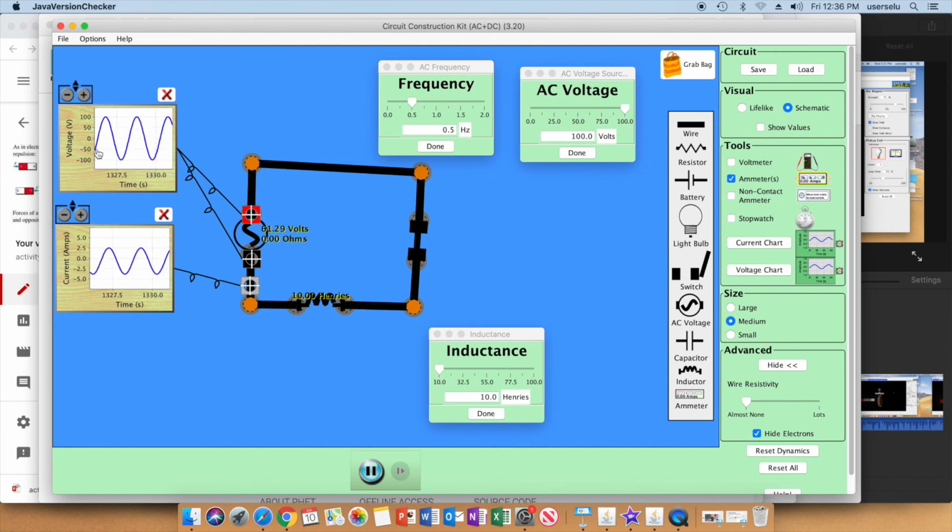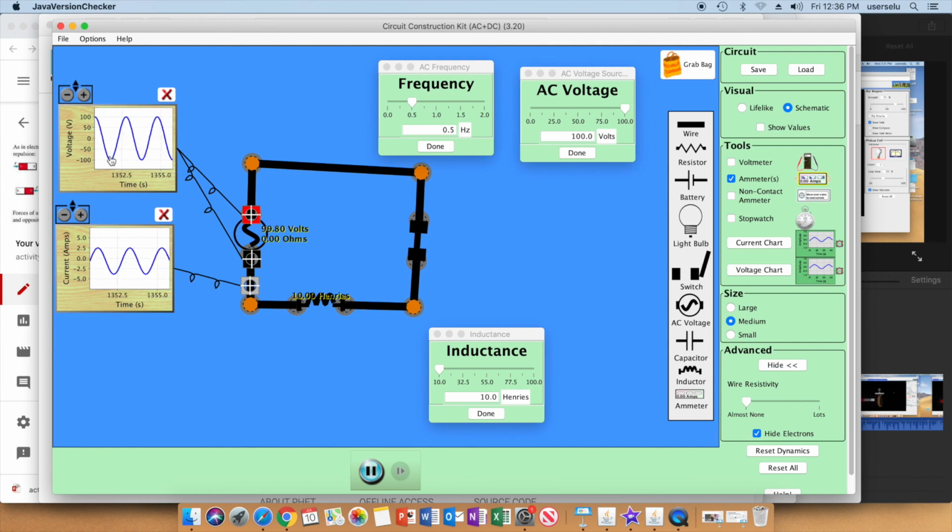It's going from plus 100 down to minus 100 sinusoidally as it varies with time. Simultaneously, the current is going from something around 3 to something around negative 3.